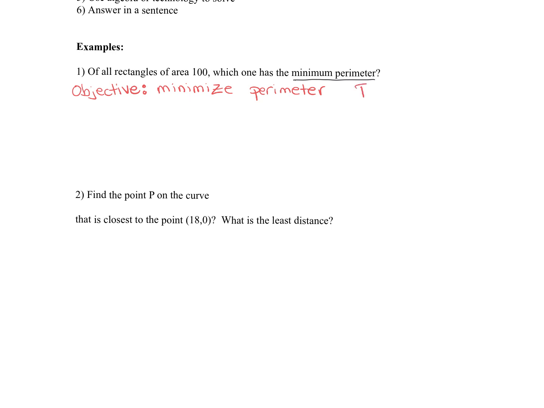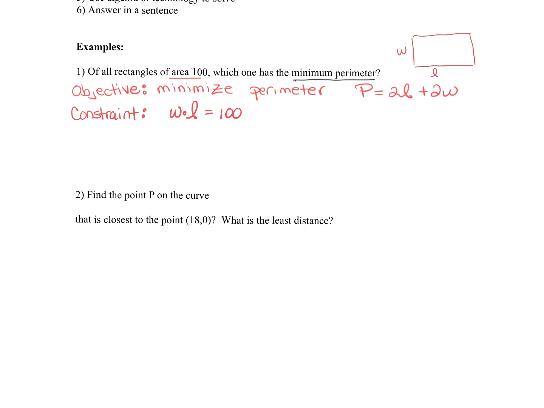And we know that perimeter is 2 lengths plus 2 widths. Since this is a geometric situation, I'm going to draw my rectangle, and I'll call this width, and I'll call this length. My constraint, what am I constrained by, is that the area, which in this case would be W times L, has to be 100.